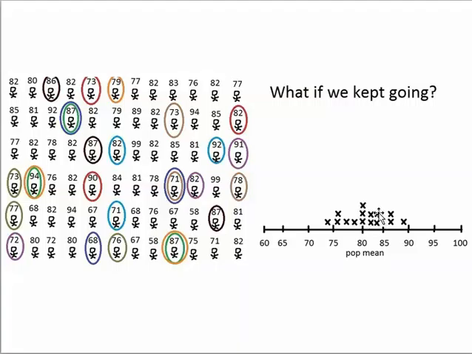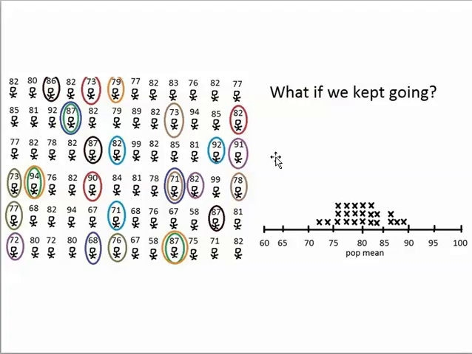If I get this sample right here, my sample mean will be about 84. So we're just looking at the means of all possible samples that could be selected when a person is selecting a sample of 3 people from the population.